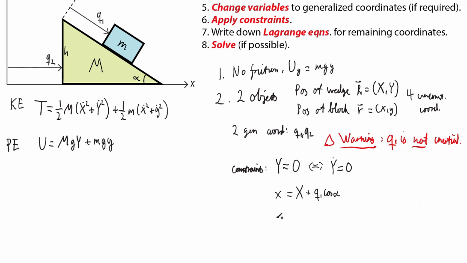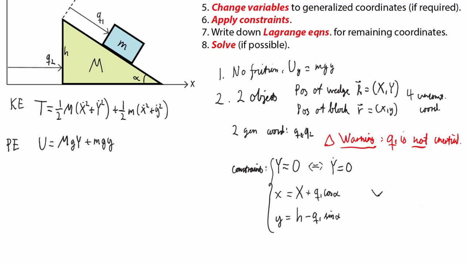Okay. And then we do the same thing for y. It's just going to be the height h here minus Q1 sine alpha. So those are constraints. There are three equations here, but there are only actually 2 constraints because we're involving this new variable here, Q1, as well. We're including the definition of Q1 in the constraints.